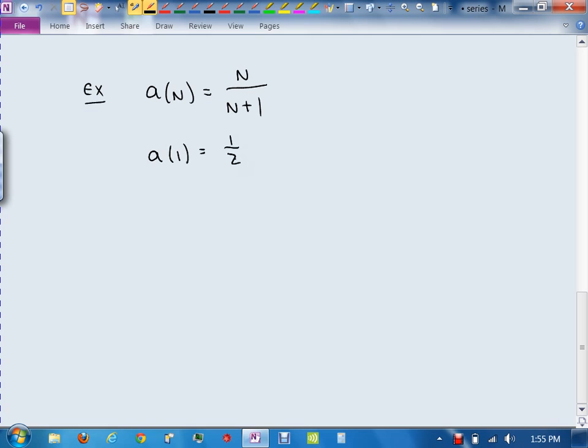See, the number that comes out can be a real number. It doesn't have to be an integer. It can be a fraction, decimal, irrational, doesn't matter. A of 2 would be 2/3, right? A of 3 would be 3/4, and so on and so forth. And this sequence keeps going forever.